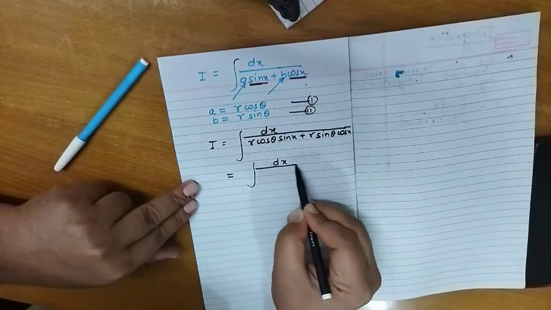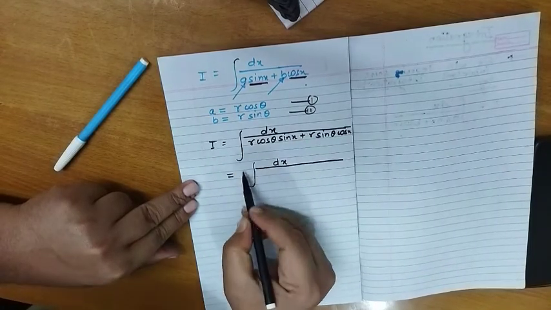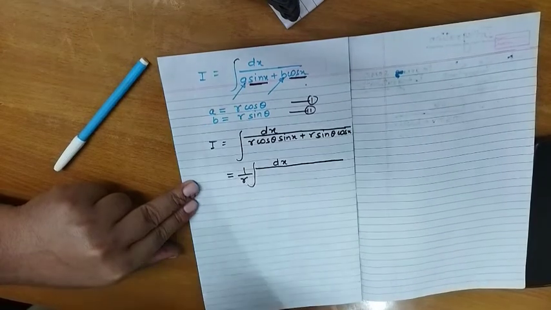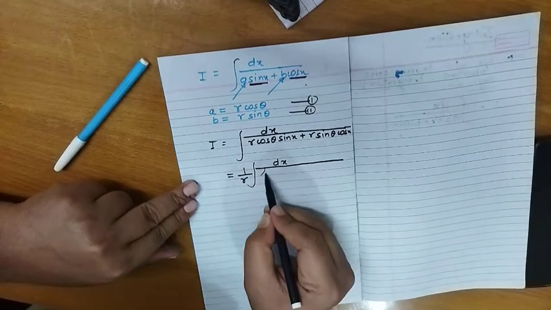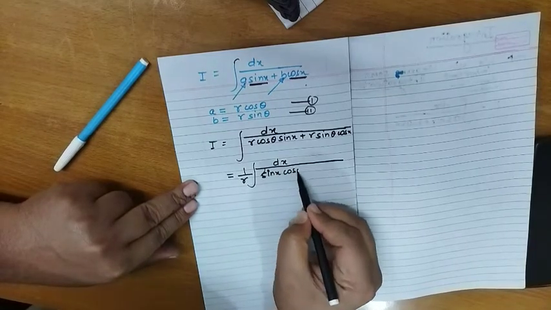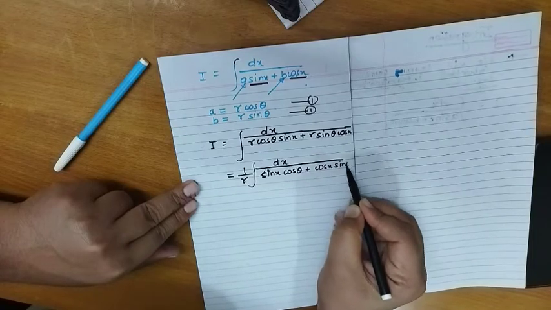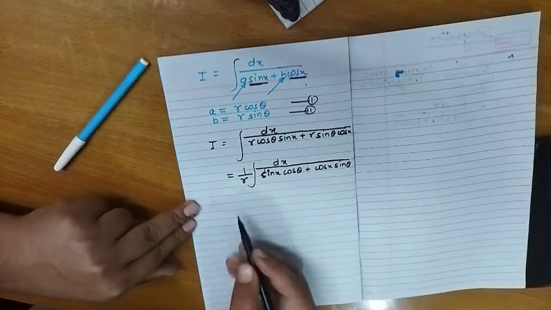Then what will be your next step? dx upon, now see what is common here, r. It is present in both the terms. Okay, so take r outside. So what will be here? Just a little bit of arrangement: sin x cos theta plus cos x sin theta. Is it clear? Okay.